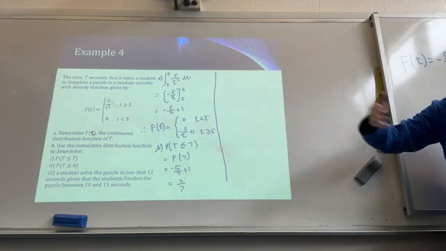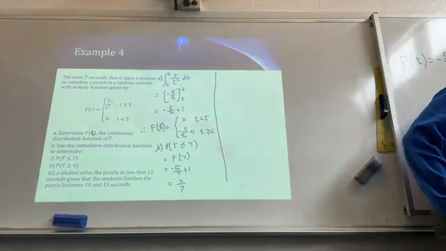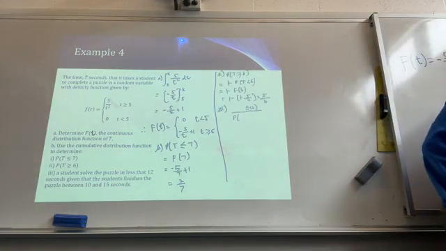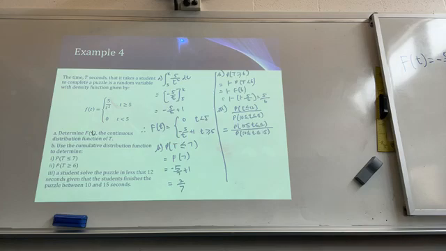Agree? So part 3 is something like this: t less than 12, given that t is between 10 and 15.